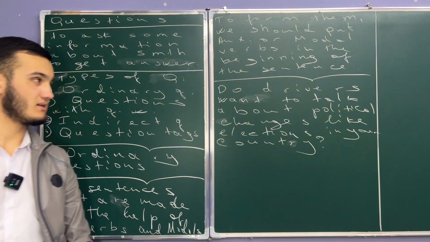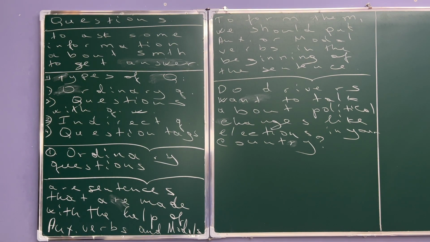This is the type of ordinary question sentence, ladies and gentlemen. Drivers is here the subject, and do is an auxiliary verb, yeah? I put first of all do, and then the subject and verb.